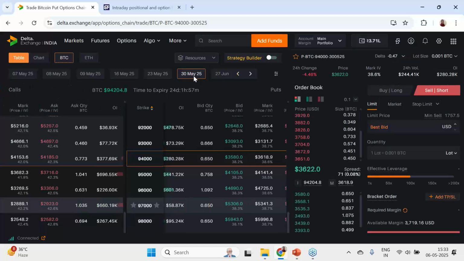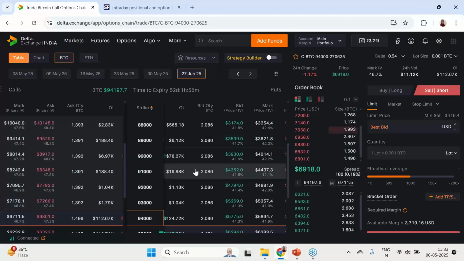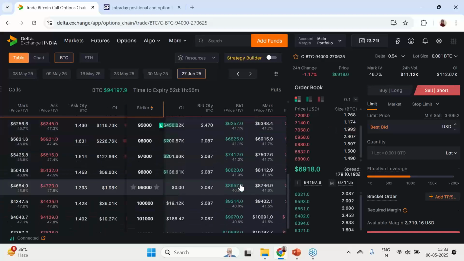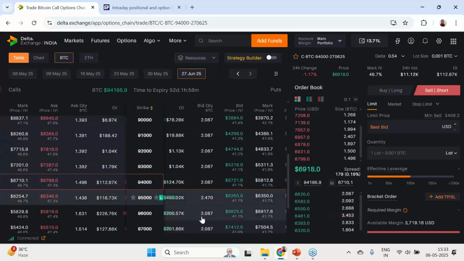So what I have to do: 30th May is here, and I require the longest expiry, which is 27th June. So I am going to 27th June and going slightly in the money. Now it is 94,200, so if I go for 95,000 or 96,000, it will be good. Let me go for the 95,000 put.